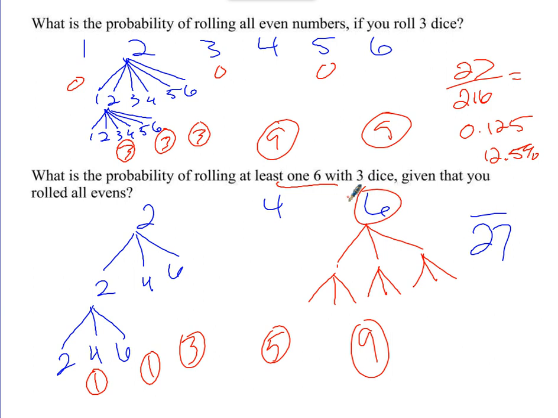I've already satisfied the problem. So how many wins do we have here total? We have 9, and 5 is 14, plus another 5 is 19 out of 27. The decimal is 0.703, 70.3% of the time.